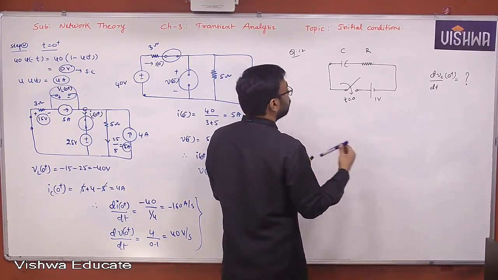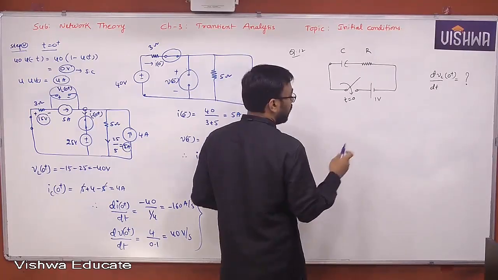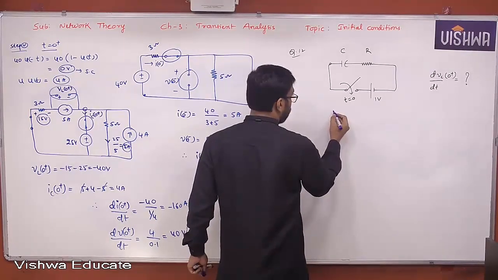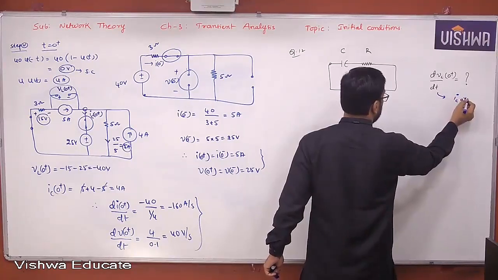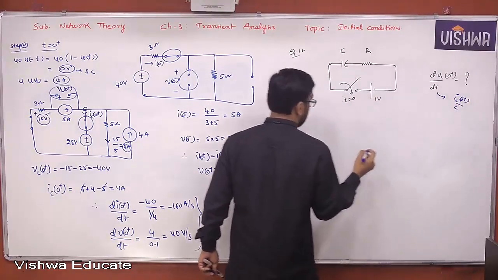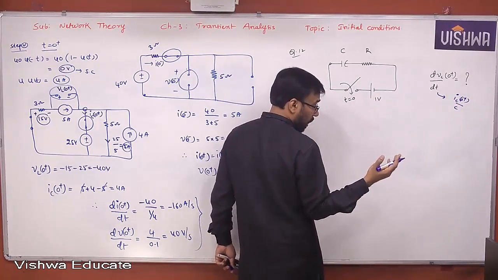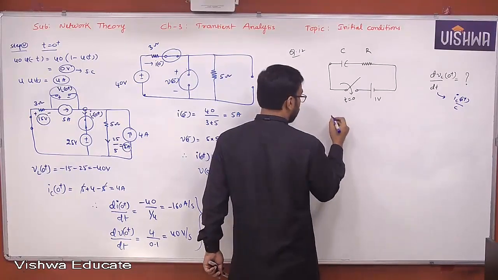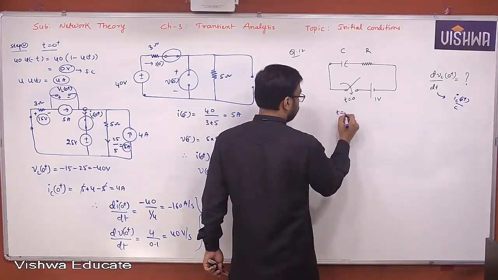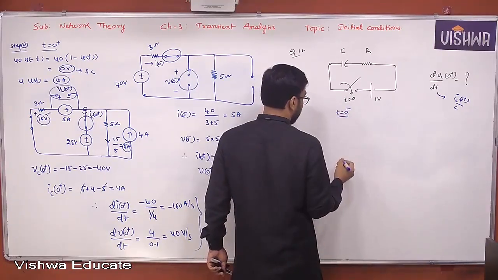Simple one. dVc of 0 plus by dt. He is asking for the first derivative term, so as I told you already, the formula is simply IC of 0 plus by C. But how do you find IC of 0 plus, the current through the capacitor? Other than the current through the inductor at t equal to 0 plus, you have to go for step 2 only. So in step 1, first you construct the t equal to 0 minus equivalent.